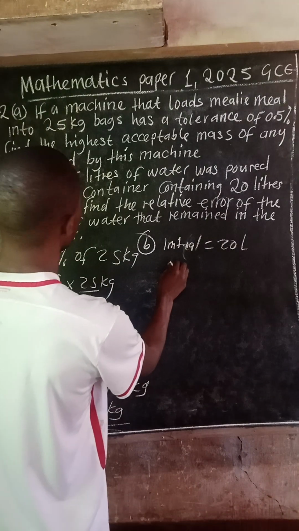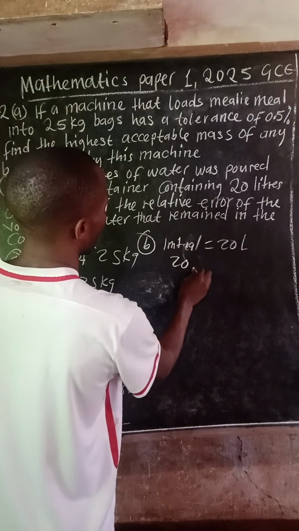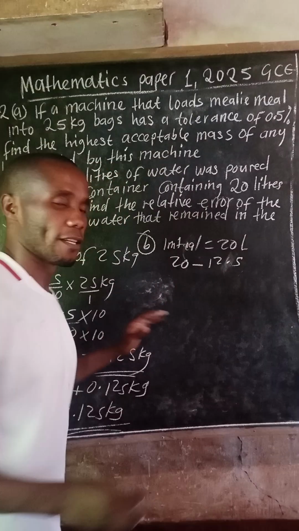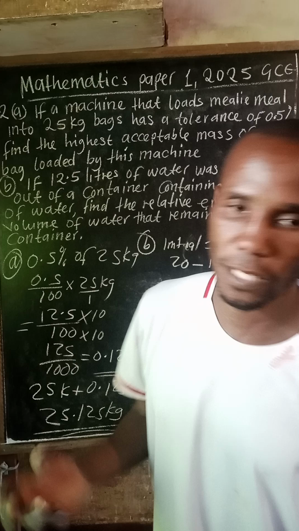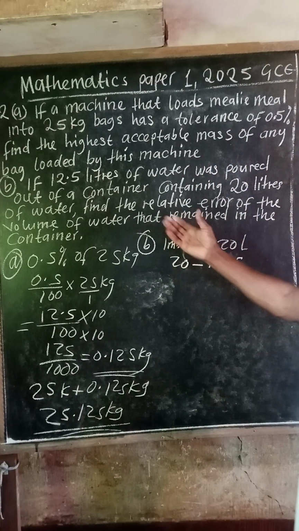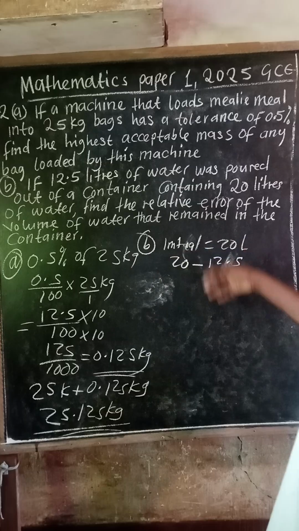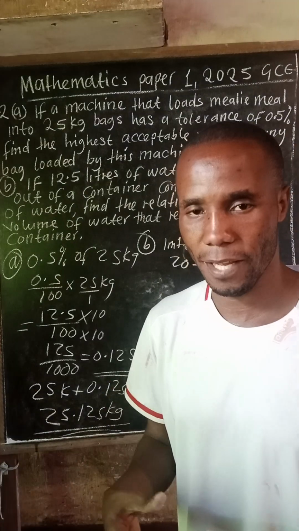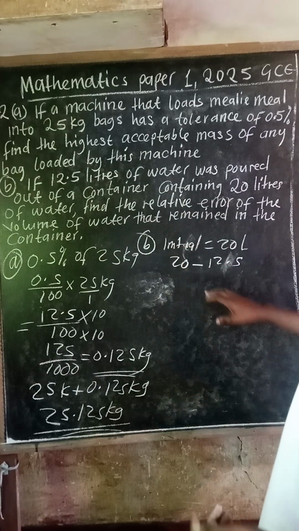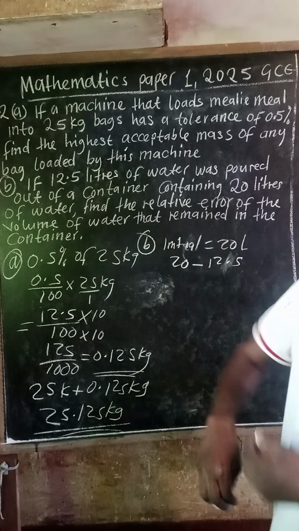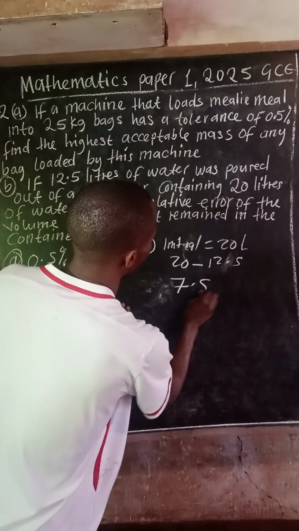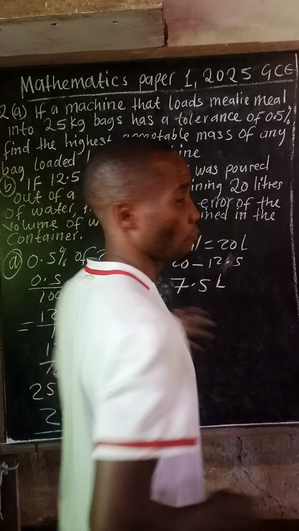So we say 20 minus 12.5 liters, because what we want here is to find what remained inside the container, according to the question, since they are saying find the relative error of the volume of water that remained in the container. So no wonder we first have to subtract 20 minus the one which was poured out for us to know what remained. So what remained was 7.5 liters of water.